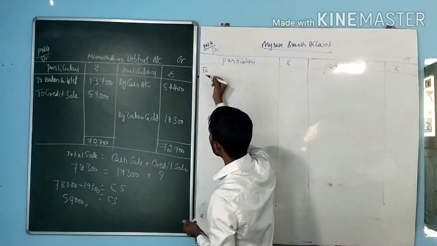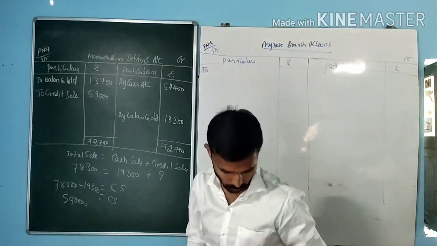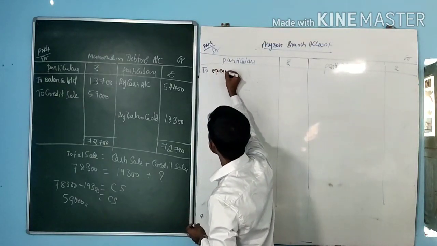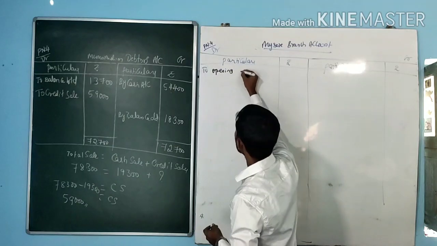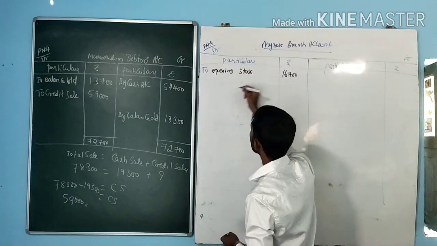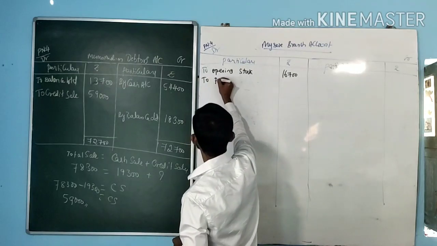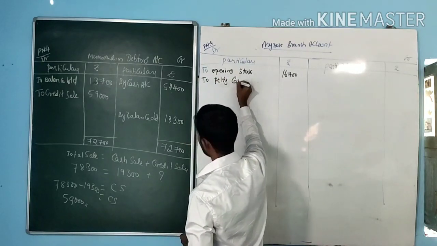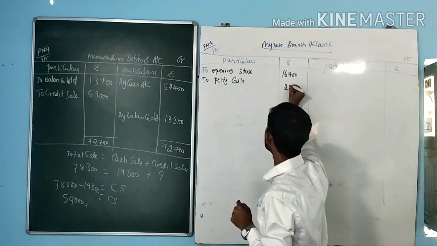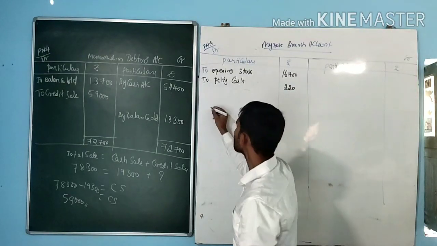First one is to opening stock. Opening stock given in the problem is 16,700. Next, is there any petty cash? To petty cash amount 220. Next, there is goods sent to branch.